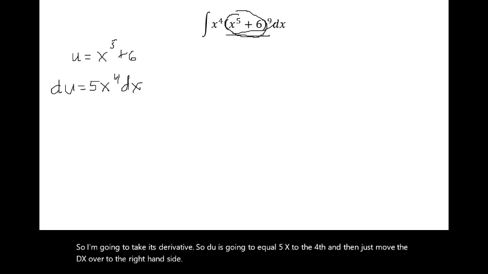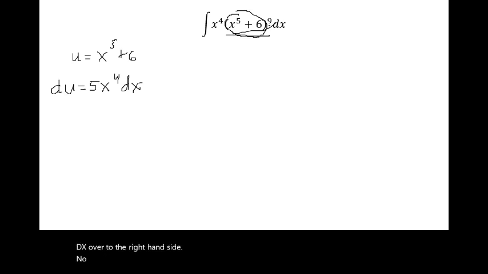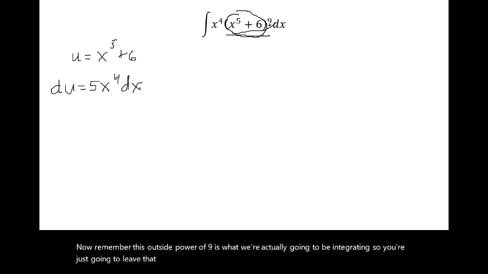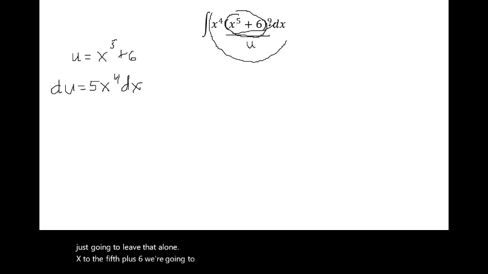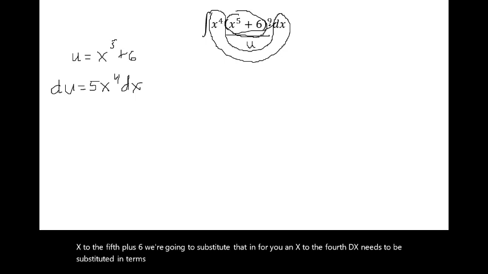Now remember, this outside power of 9 is what we're actually going to be integrating, so you're just going to leave that alone. X to the 5th plus 6, we're going to substitute that in for u, and x to the 4th dx needs to be substituted in terms of something du. However, remember, this needs to exactly equal what's left over. What's left over is just x to the 4th dx.